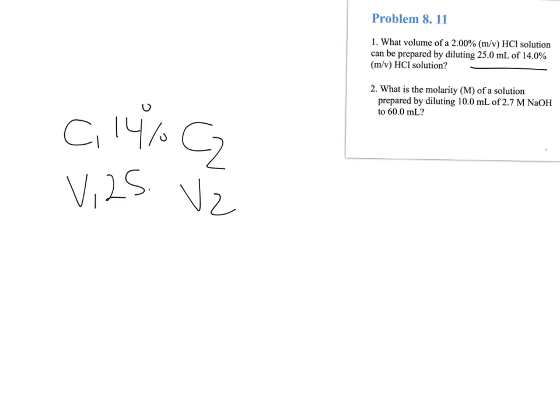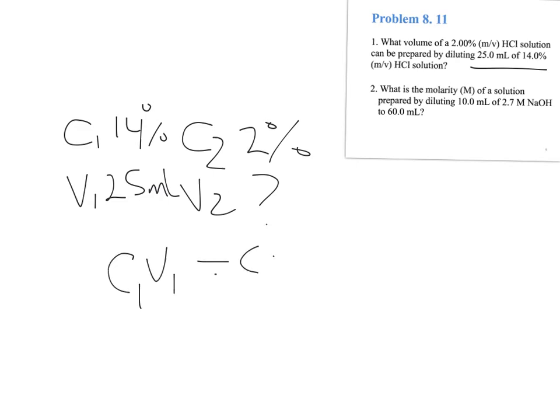So we're going to grab concentration 1, volume 1, concentration 2, volume 2. So we have a solution that initially here we're given is 14%, and we have 25 milliliters. We have a concentration that is 2%, and we don't know the volume. So we need to find the volume.